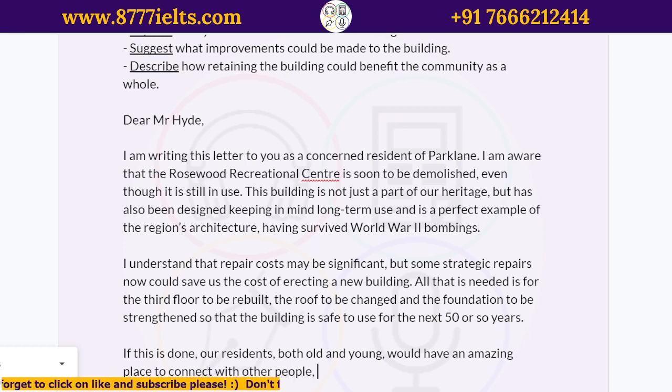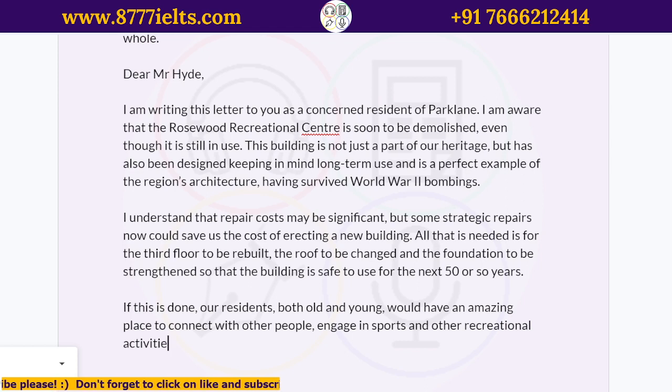Connect with other people, engage in sports and other recreational activities, play music, hold exhibitions, and generally breathe new life. Or maybe, well, that's too much. What else can you do in a recreation center?